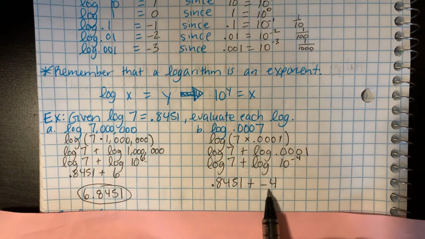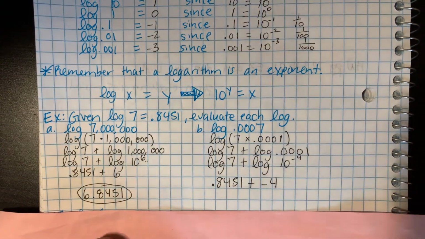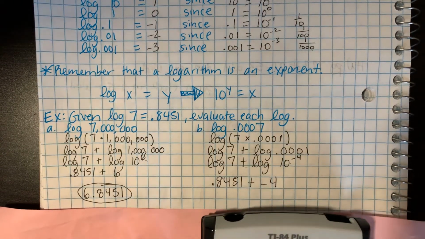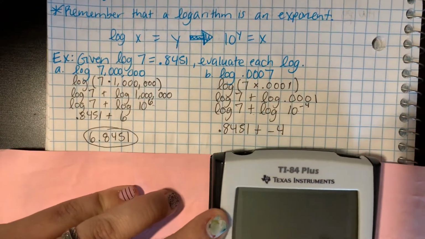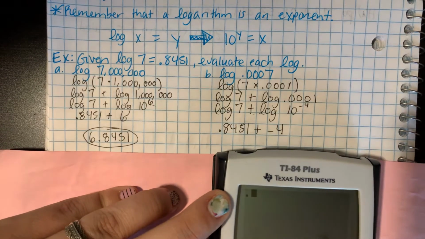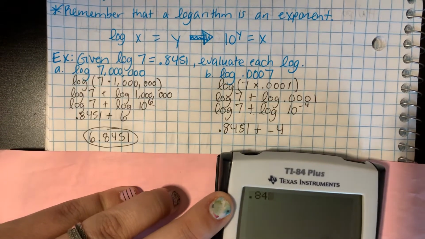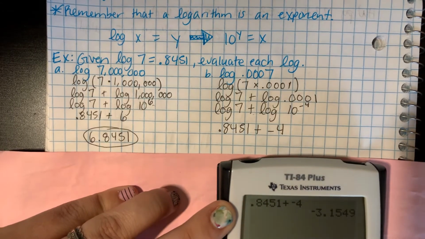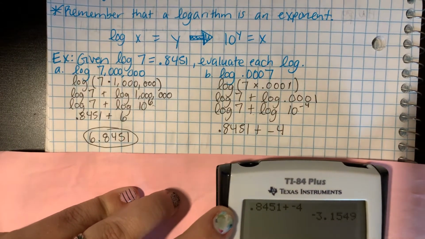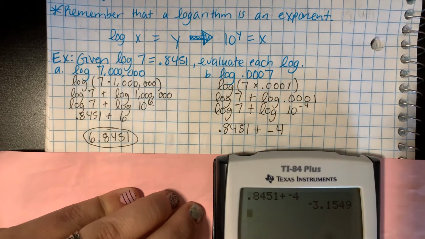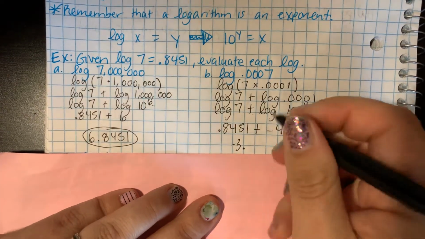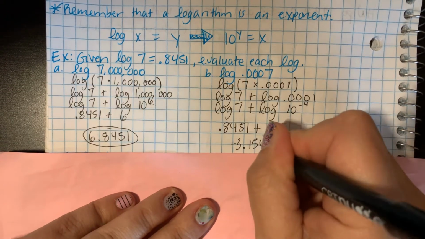Okay, so we'll have -4 plus 0.8451. We could throw that onto our calculator. That's going to be a -3.1549.